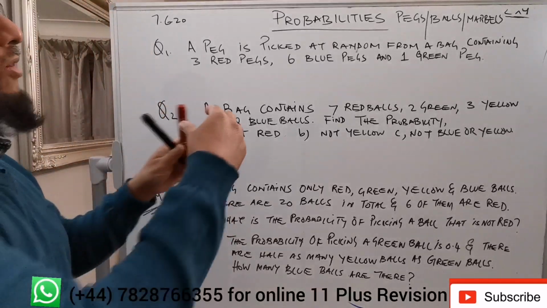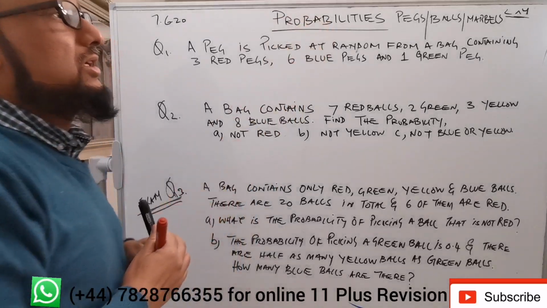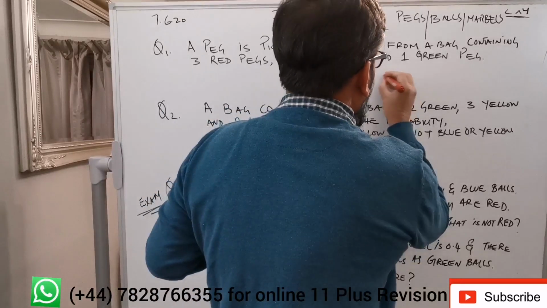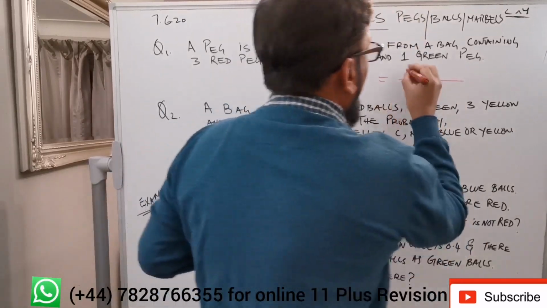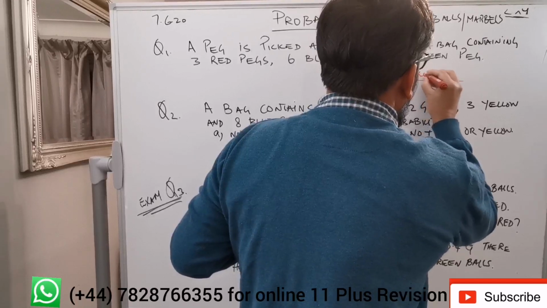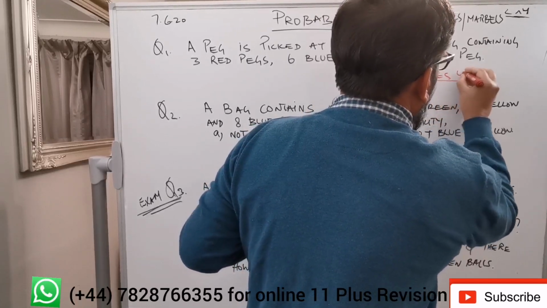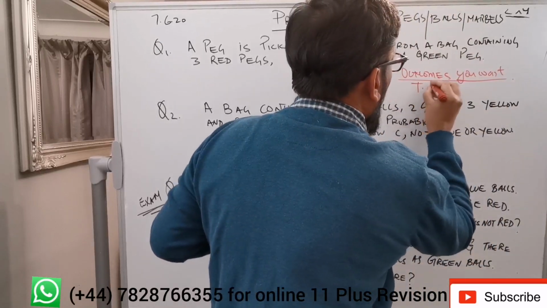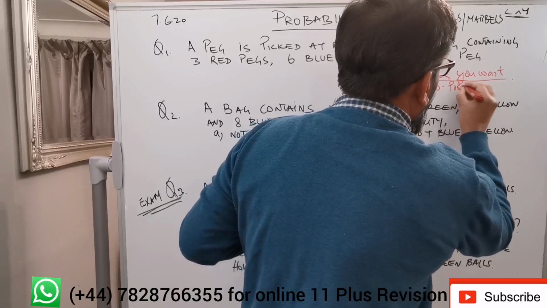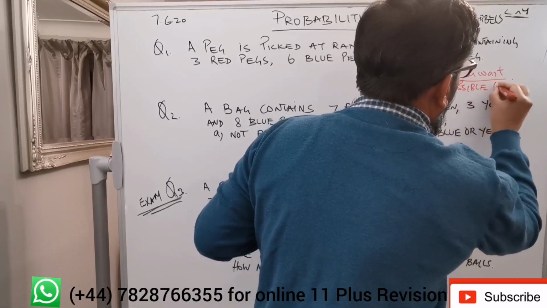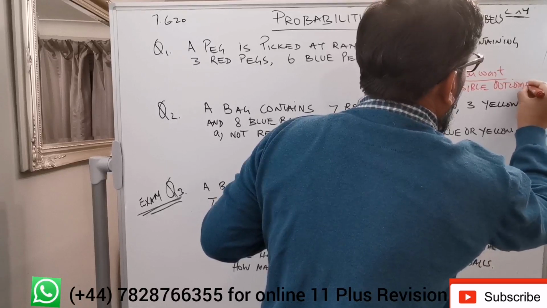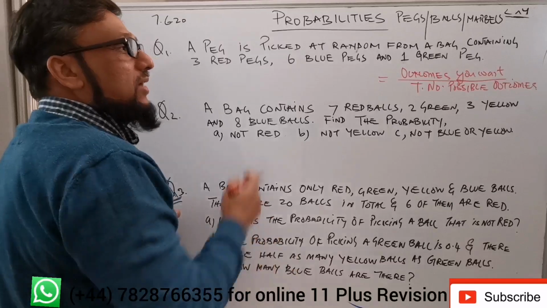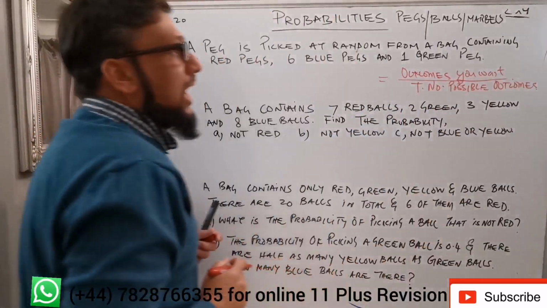As we know, first the formula for how we calculate the probability: the probability formula is the outcomes you want, divided by the total number of possible outcomes. Okay, so this is the formula.